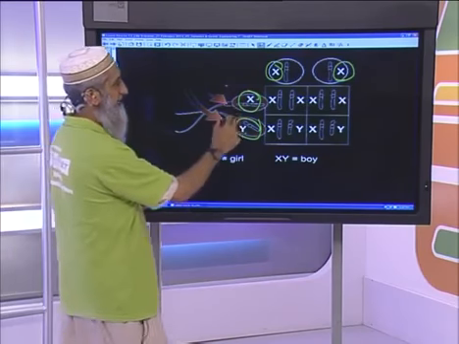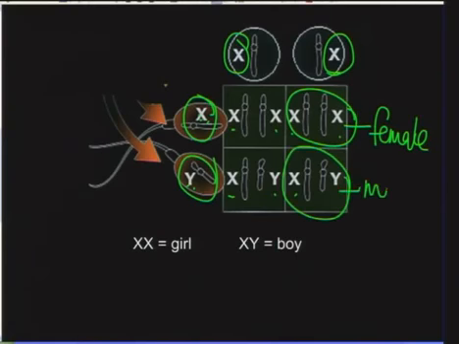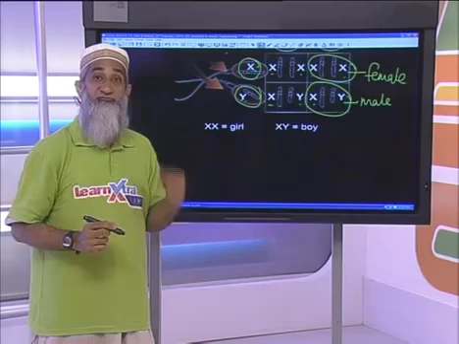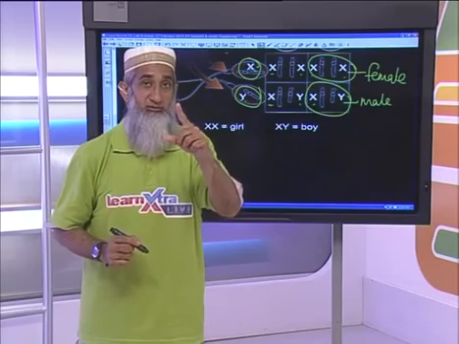So if we put this on a Punnett square, that gives you XX, and that gives you XX again, and YX gives you XY. Remember, you can write it either way. So XX is a female, and XY is male. According to this, what are the probable ratios every time fertilization takes place? Note the word probable.